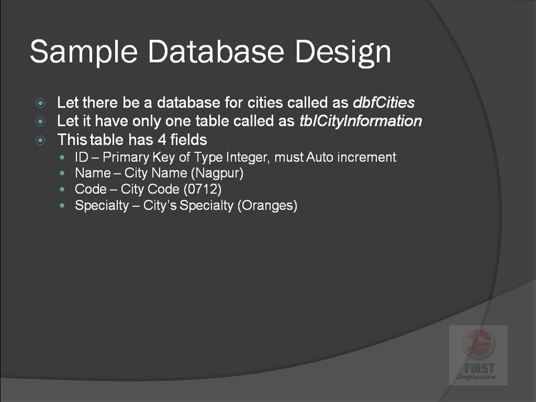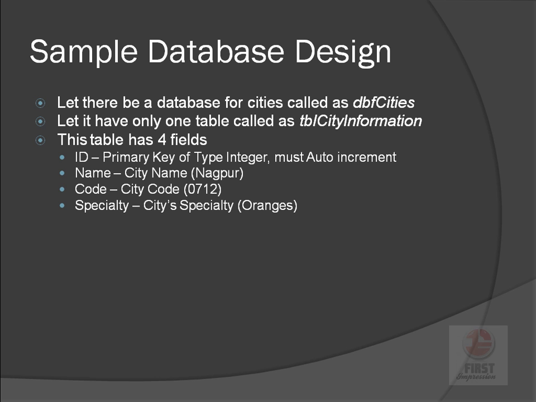The ID is also called the primary key of the table. The primary key is a unique number for each record on the table. You can assume that the primary key or the ID is the serial number of the record. As you will be adding the records, you will be adding them with different serial numbers. The serial number is the ID. It is called the primary key.